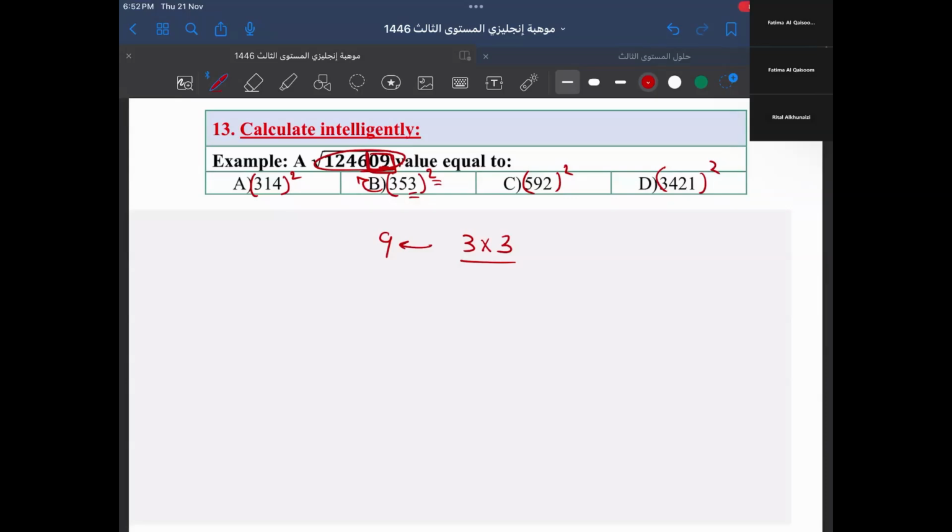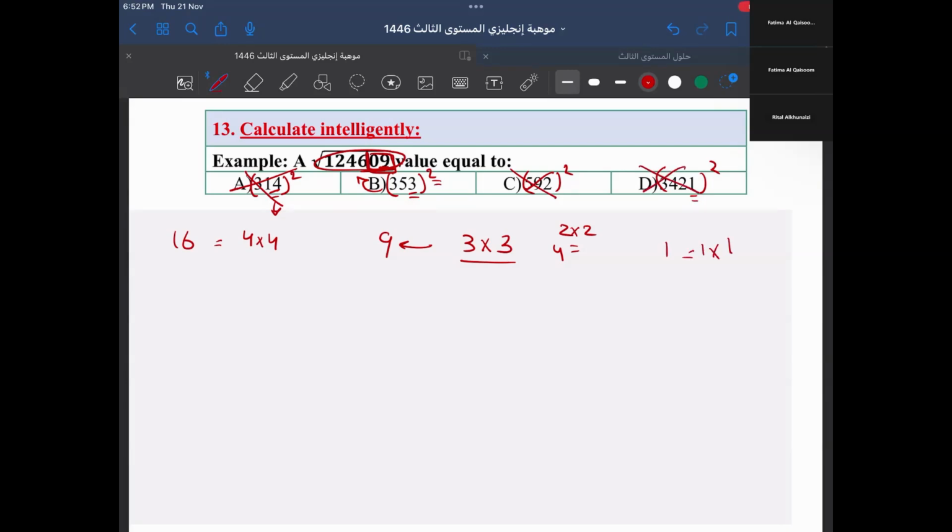So I see that in A, it's 4. So here, it's going to be 4 times 4, which equals 16. And it's not the case here, so this is wrong. In C, we're going to see it's 2 times 2, and it equals 4. So it's not our case, so it's wrong. And here we have the last digit is 1, so 1 times 1 equals 1.